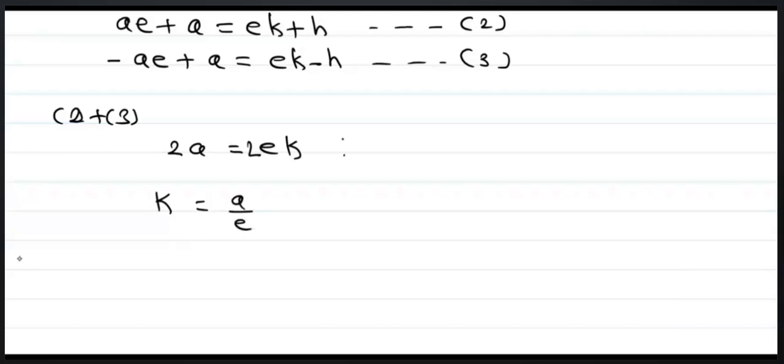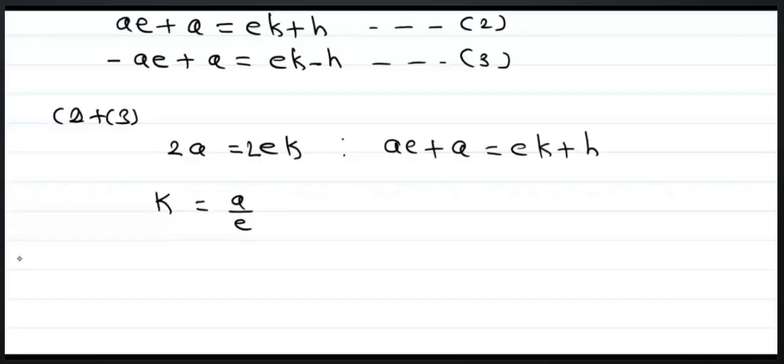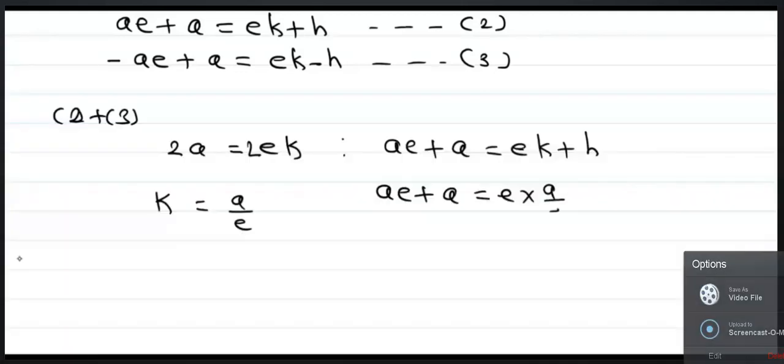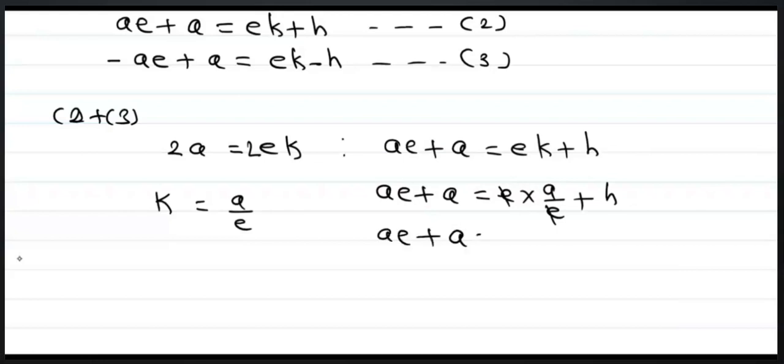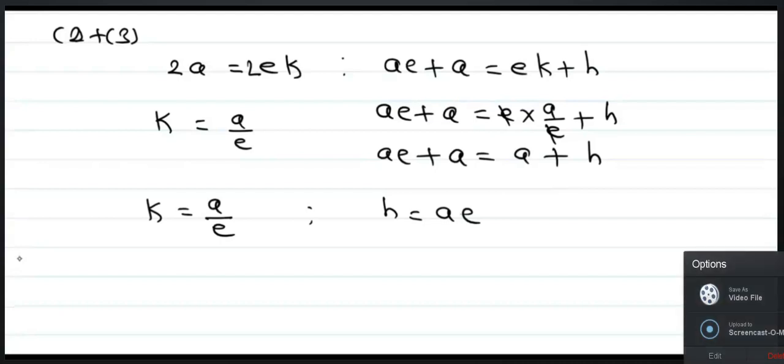Therefore, the value of K is a upon e, and ae plus a is equal to ek plus h. Therefore, the value of h is ae and k is a upon e.